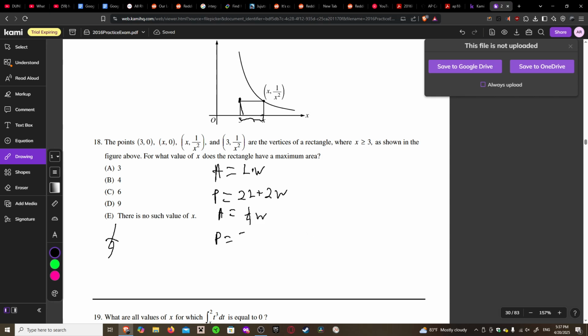P equals 2 times... W equals 4A. No. I'm confused about this question.